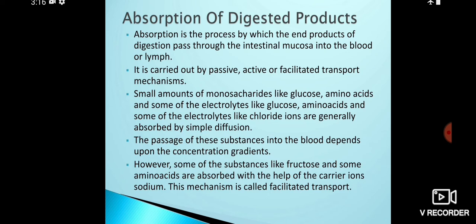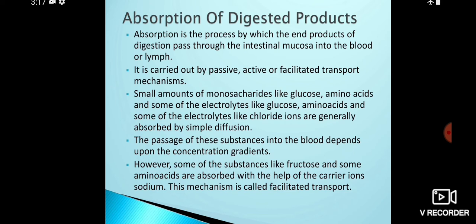If you take carbohydrates, the end product of digestion is glucose. As I gave the example of milk, with respect to the carbohydrates we get glucose and galactose as the end products.